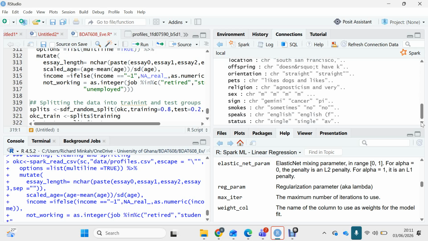That's what we did. And if you go to your connection, you see mtcars there, right? Now if we were to do the multiple regression in the Spark framework, we cannot be doing it using the LM.